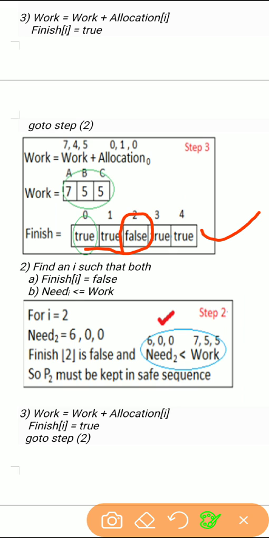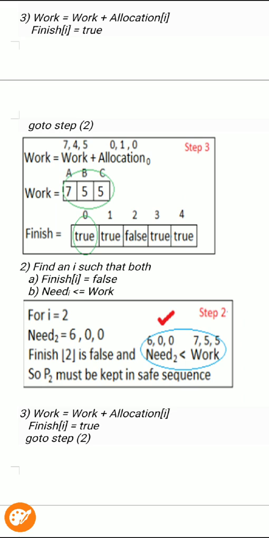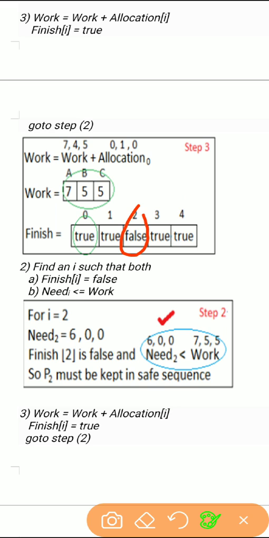That means now we will continue our execution again searching for an I. This time, after I is 0, process 1 has already completed its execution, so we jump to process P2. Check the condition: the need is less than or equal to work. Then we do the addition and mark finish of I as true.